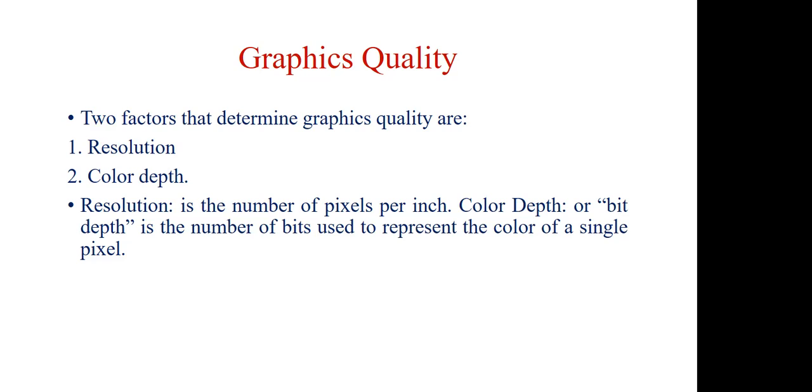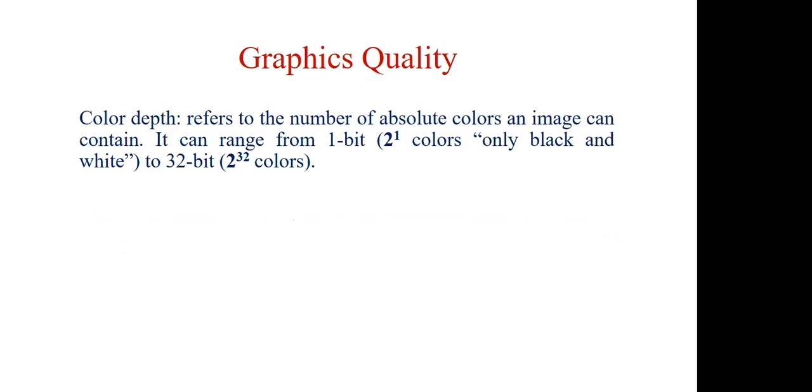Resolution is the number of pixels per inch, and bit depth or color depth is the number of bits used to represent the color of a single pixel. That is the number of bits being used to represent that particular color.